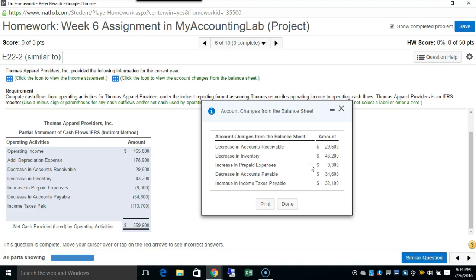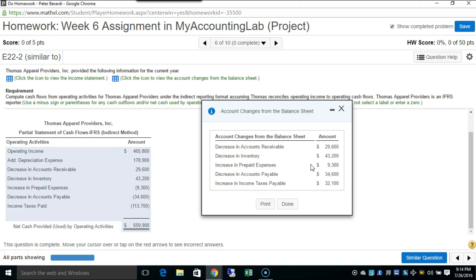Therefore, I need to debit. Just think of the debit as increasing cash flow. So credit inventory to decrease it, debit working capital to increase it. Now, don't get confused. It's not an actual journal entry. It's just a hypothetical to help you not get confused about what goes up and down on the indirect method.